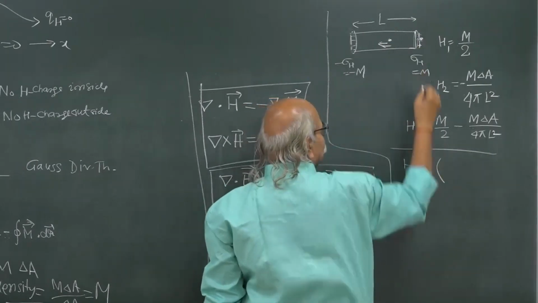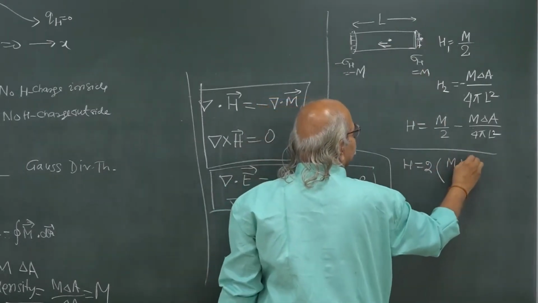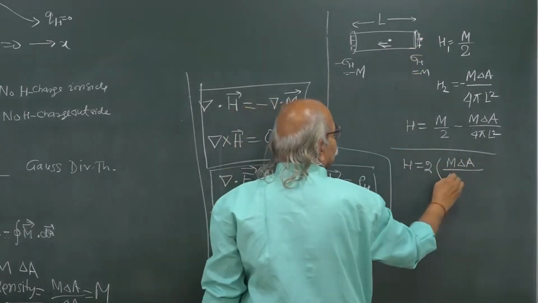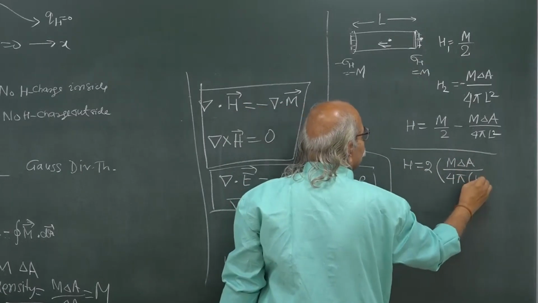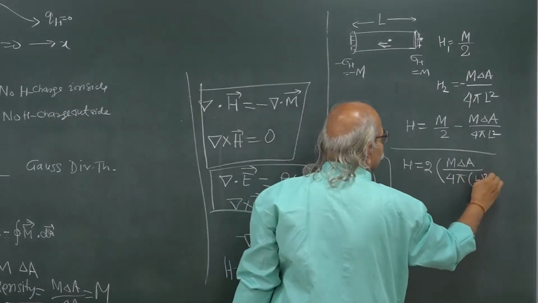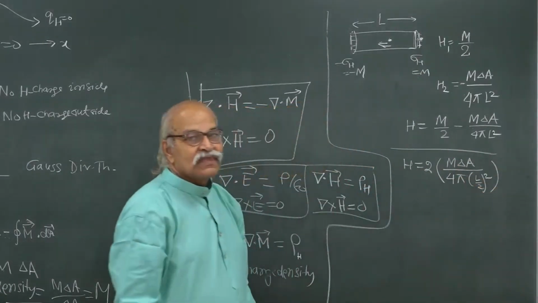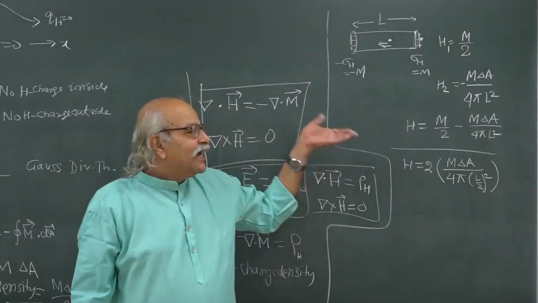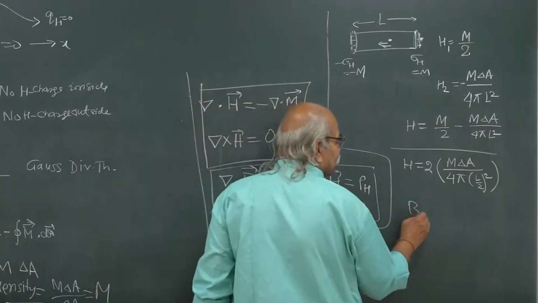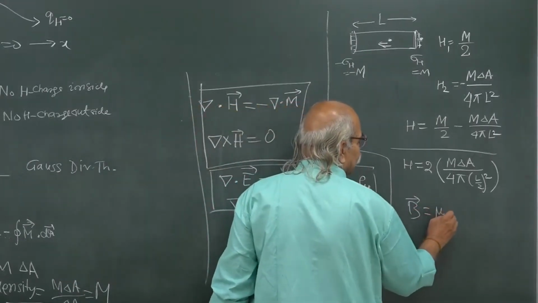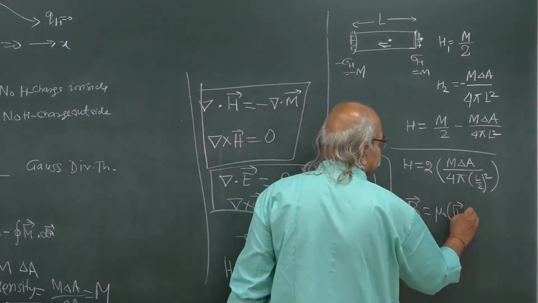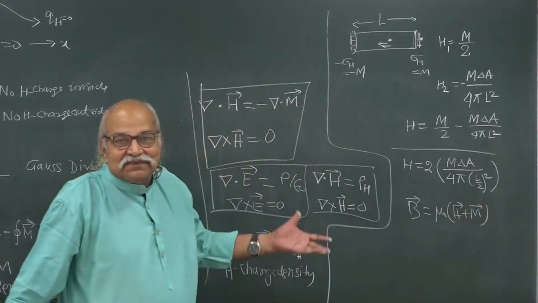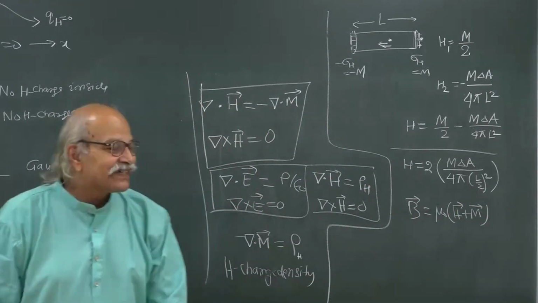Double of total charge m delta A, this is the total charge, divided by 4 pi epsilon, so 4 pi, and L by 2 square, L by 2 square. So you can just use your electrostatics to write this H, and once H is known, B is anyway known. B is mu naught times H plus M. So, you can do it this way.